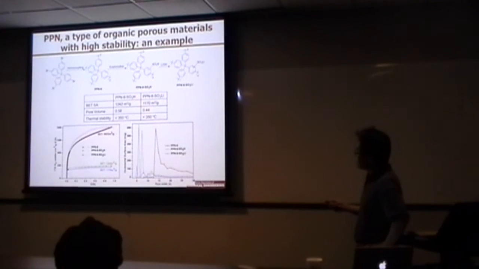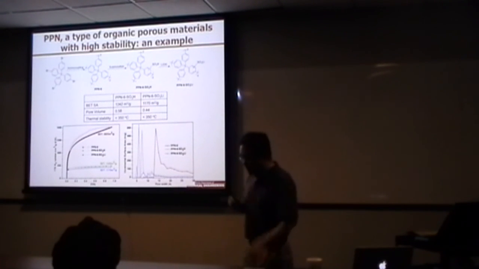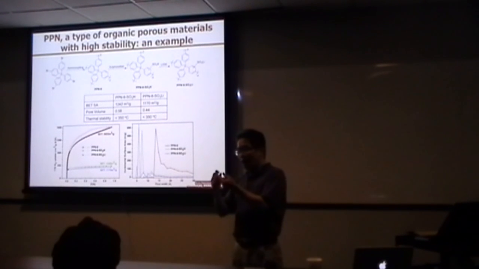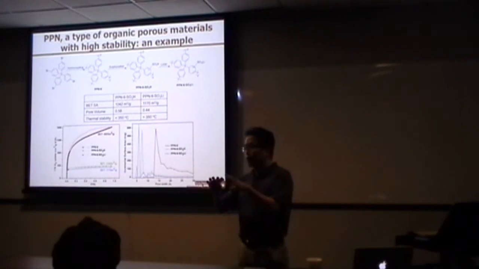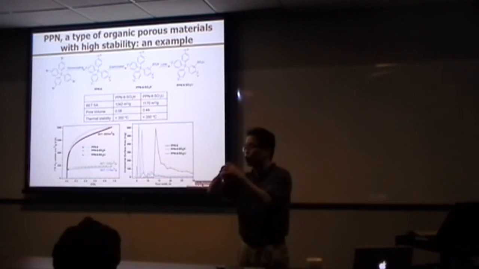The surface area is about 4,000 square meters per gram. Now, 4,000 square meters per gram is hard to imagine, right? One gram of this material corresponds to the surface area of Kyle Field, because you have a lot of internal pores.